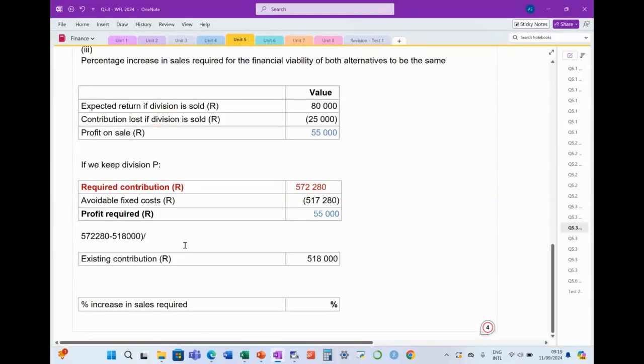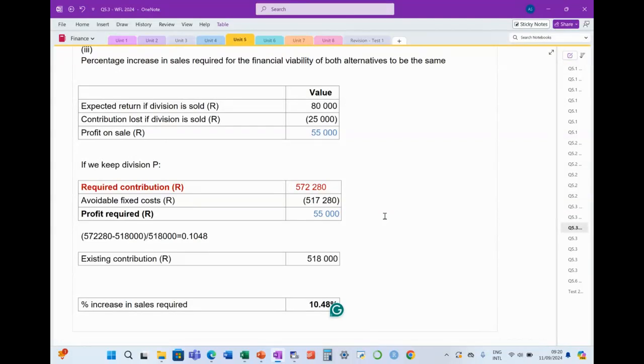Sorry, forgot a zero there. And then obviously to get that as a percentage, you say times 100, and that should give you 10.48%. So that was your activity 5.3.